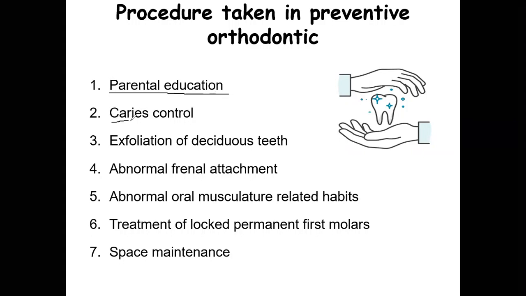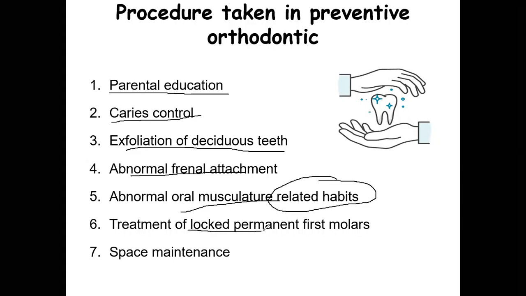Then control of caries. There are different ways to control caries. Then, if the deciduous tooth is exfoliated before time, if there is abnormal frenal attachment, if there is abnormal musculature due to a habit like mouth breathing or thumb sucking, or if there is a permanent tooth which is locked and is not erupting properly into the oral cavity.